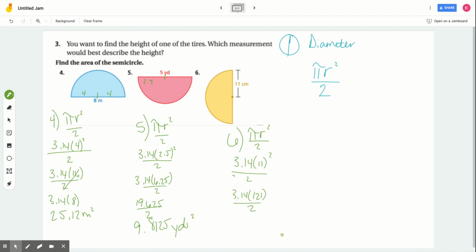So we can go ahead and multiply 121 by 3.14. And you are going to take your answer and again divide it by 2. Your answer here should be 189.97 centimeters squared.